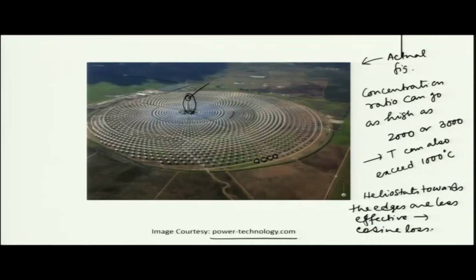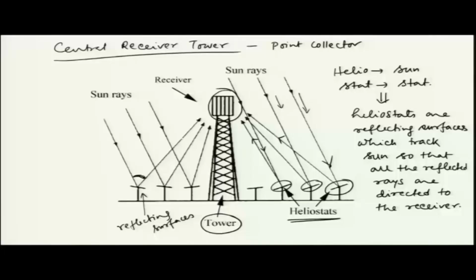So, when the heliostats are forced to make the angle change a lot by reflection, the angle between the incoming ray and the reflected ray tells us what would be the cosine loss. Okay, the minimum the angle.